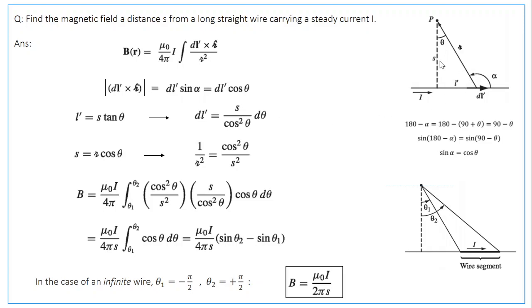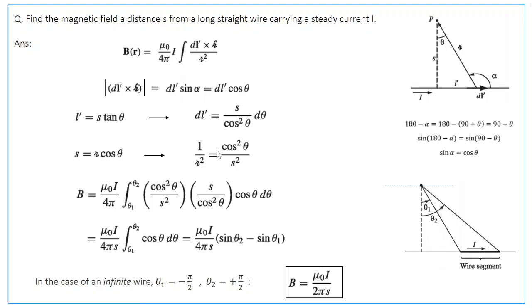Once again, revisit the triangle. I can write cos theta equals s divided by r, or s equals r cos theta. From this I can write 1 by r square equals cos square theta by s square. So I have calculated all the terms involved in this equation.